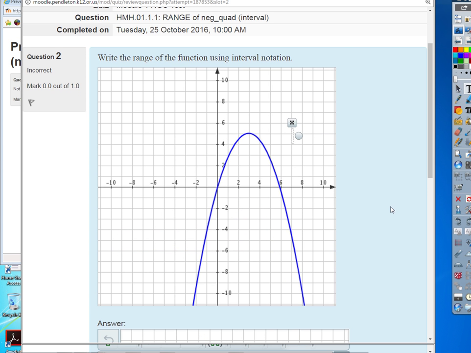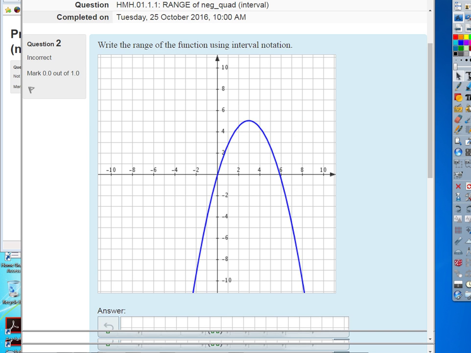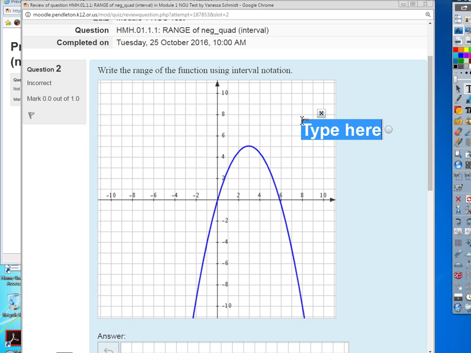Okay, how about this? Here's a range. Write the range of that one, please. Okay, range of that one. So looking at y values.